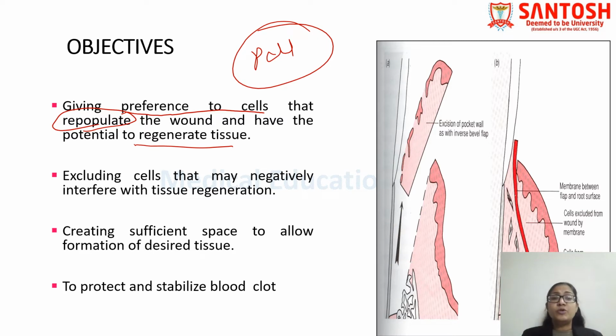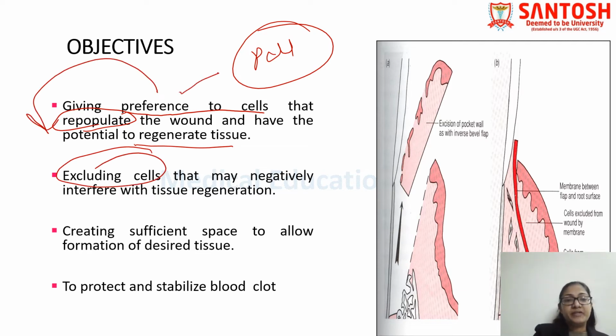So we would love to block the epithelium, the connective tissue, and the bone cells from encroaching into other spaces, and form a neat barrier so that all the cells get their turn to form the compartments in their respective spaces. Also, giving preference to repopulate would be your PDL cells, and exclude, that means you want to block. What you want to block is the fastest growing cells, that is your epithelium and your connective tissue cells.